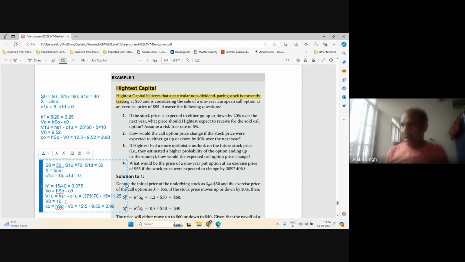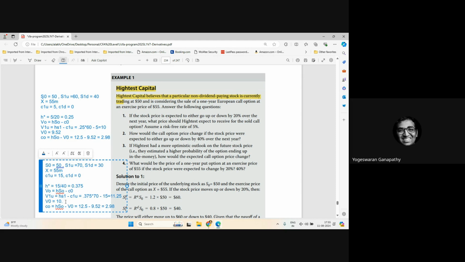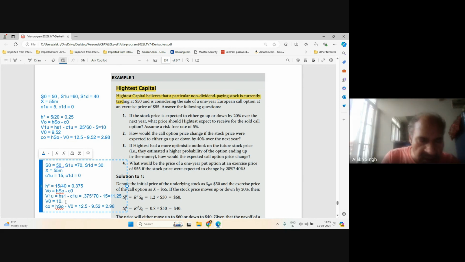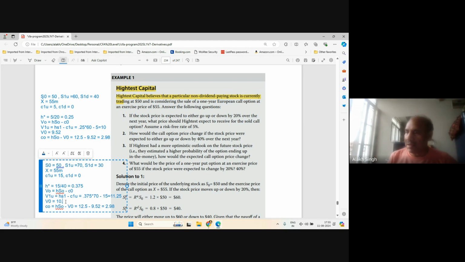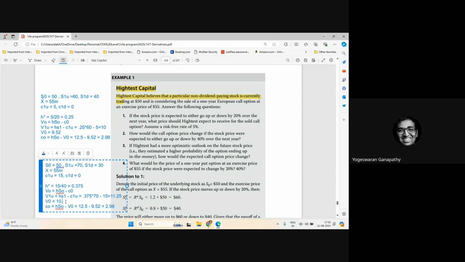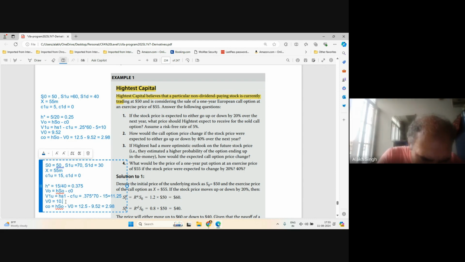Okay, 11.25 divided by 1 plus R, 1.05. 11.25 divided by 1.05 is 10.71. Okay. Now, C0 is HS0 minus V0. So HS0 is how much? 0.375 into 70. How much is that?